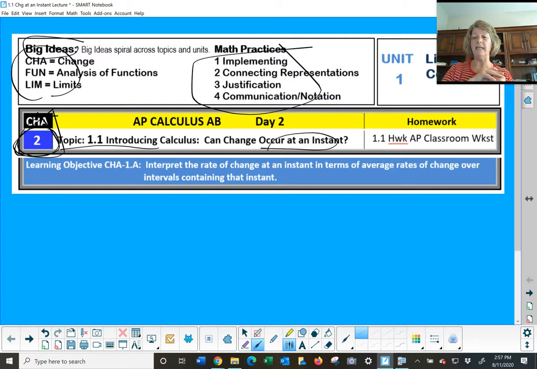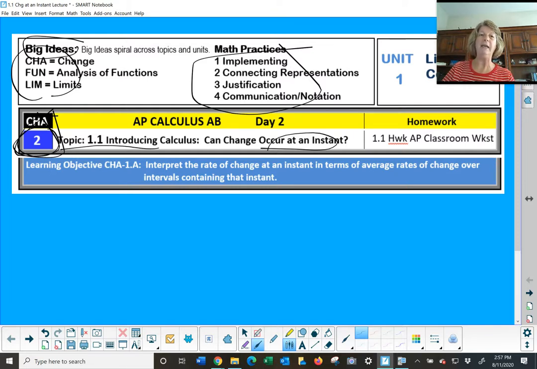In the AP test, they will be looking for all 4 ideas. Can you implement procedures? Can you do algebraic notation or calculations? And mainly, can you do the calculus notations? Can you connect representations? Can you connect concepts? Justification is part of that, but can you justify why something is true?